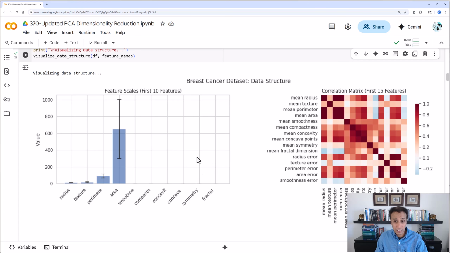So of course, standardization is needed. And in the correlation matrix, you can see a lot of red hotspots that tell us there is high correlation. Perimeter is highly correlated with radius. Area is highly correlated with perimeter. So these are all expected. Not much negative correlation here, but mostly positive correlation.